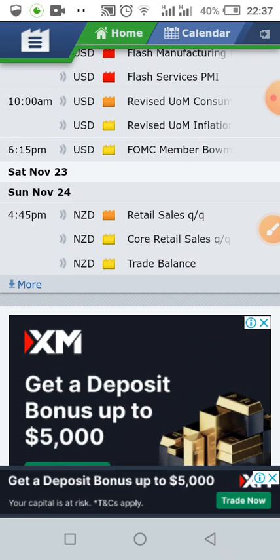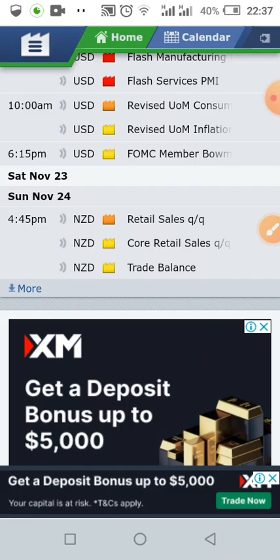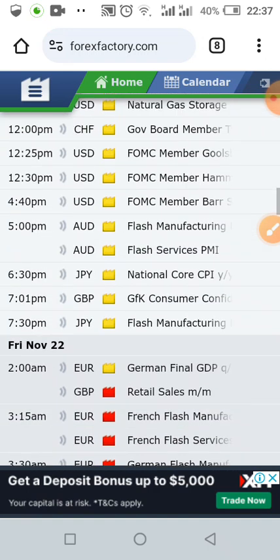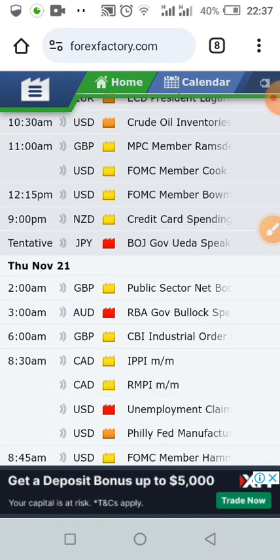And this applies for all financial instruments: the FOMC, the NFP, the CPI, and the Fed chair speeches. If they have red folders, you will not trade at those times for all financial instruments.